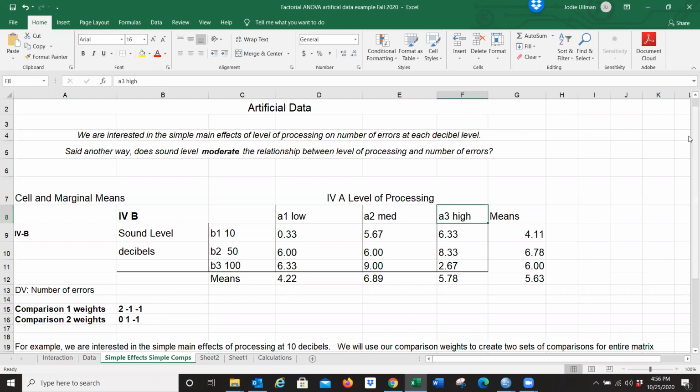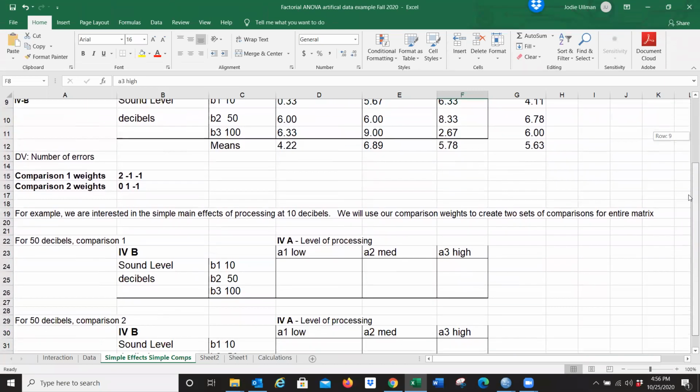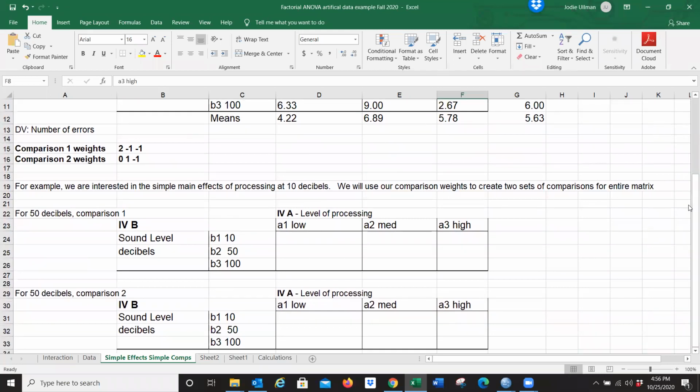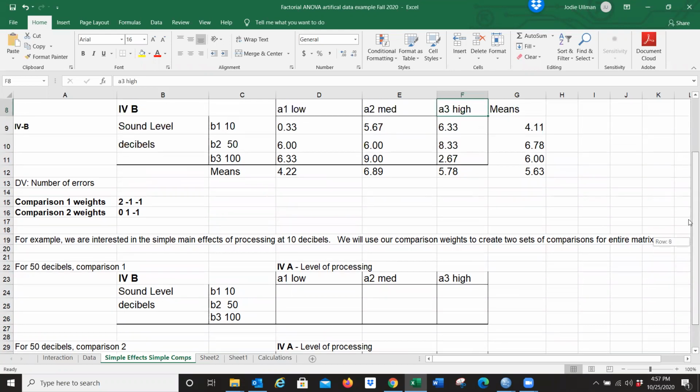Well, I'll tell you. Because when we set up the syntax in SPSS, it's really nice to have set up a grid for yourselves, so that it's very easy to input the coefficients and minimizes the number of errors. So let's just step back and think about this for a minute.